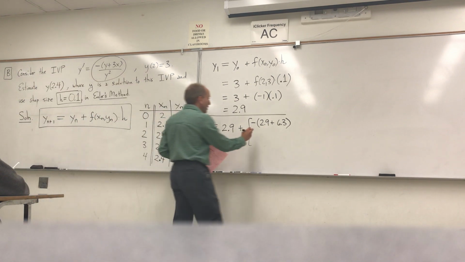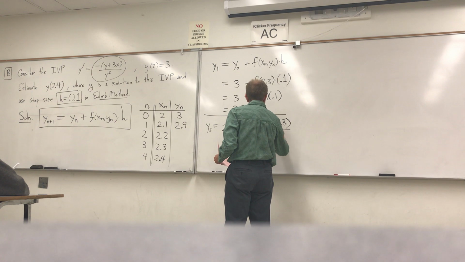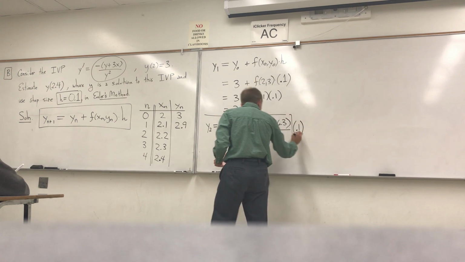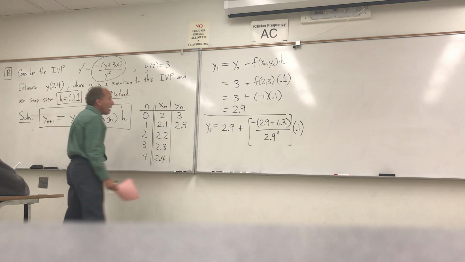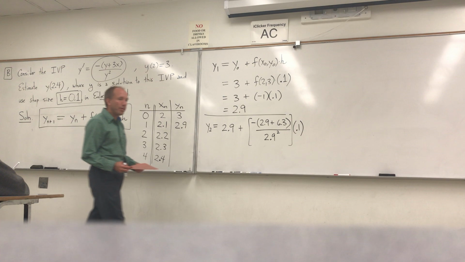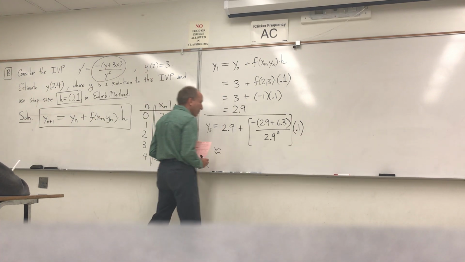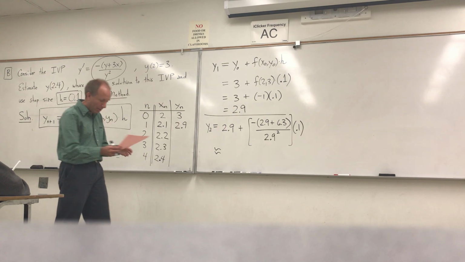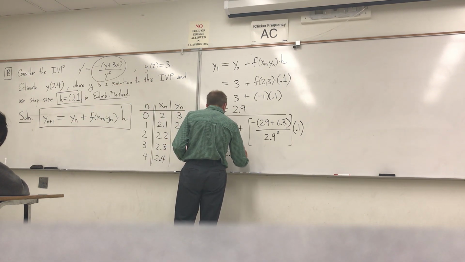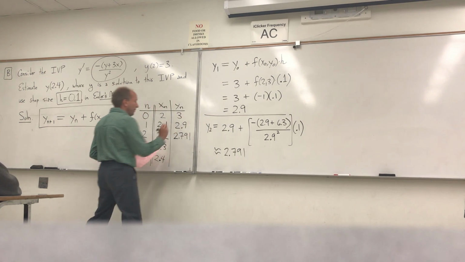And then all divided by 2.9 quantity squared. And then this is going to be times 0.1 again, right, the h value. Now you need the calculator, right? It doesn't take very long until you kind of need the calculator to figure this out. So I'm going to save you the aggravation of working it out and just tell you what it is. The answer turns out to be 2.791. So we'll put that here, 2.791.